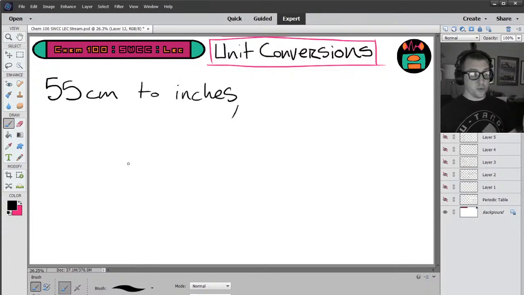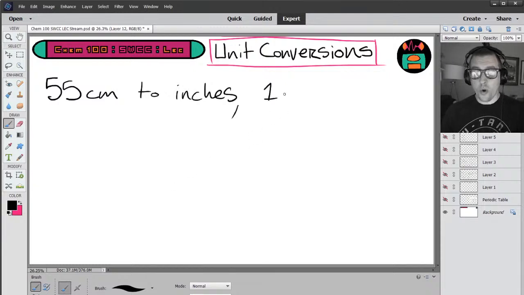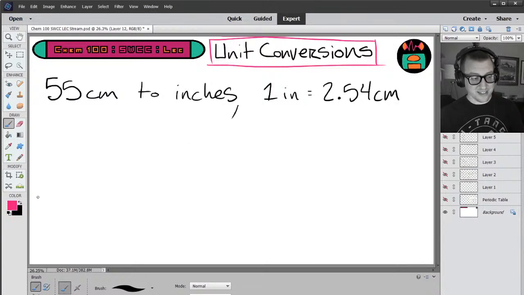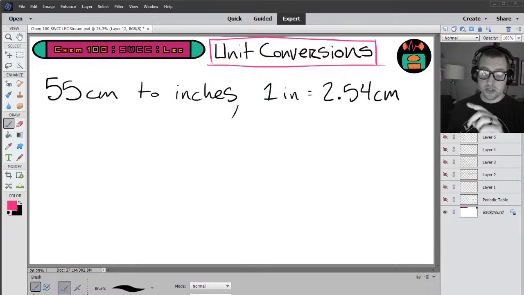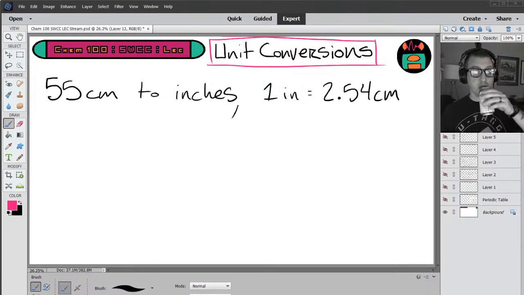Now, you may not know this unit conversion off the top of your head. 1 inch is 2.54 centimeters.